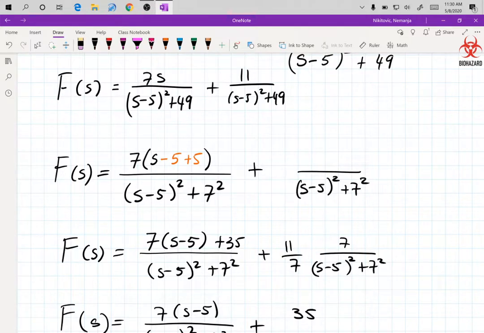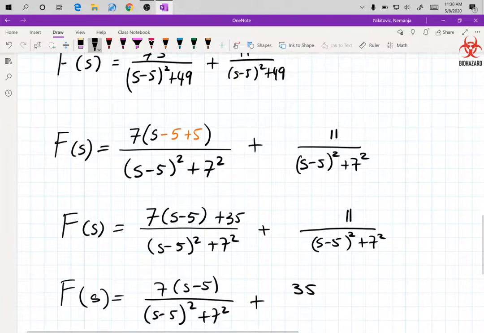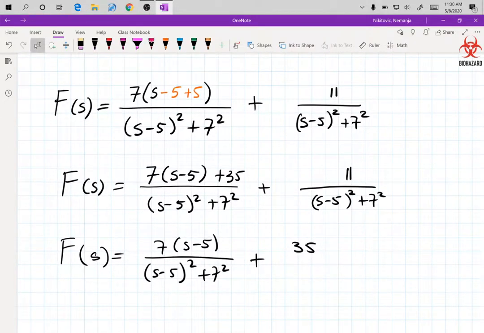I'm going to leave it as 11 over 7. Sorry, 11 over the fraction, because now I will be adding 35 of these to the 11, because they have the same denominator. So 35 plus 11 is 46. So I have 46 of these, and then I have s minus 5 squared plus 7 squared.